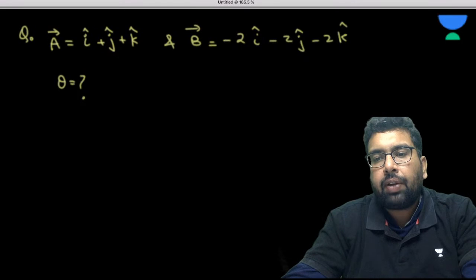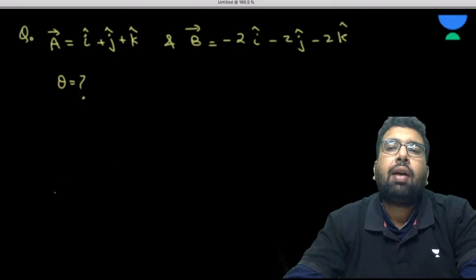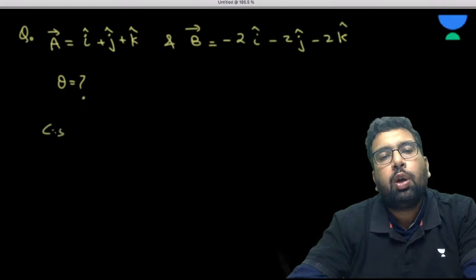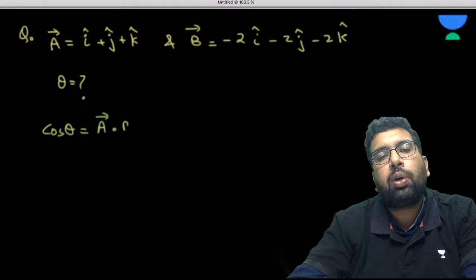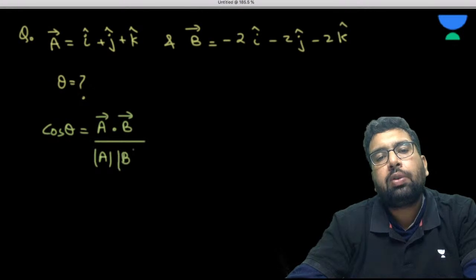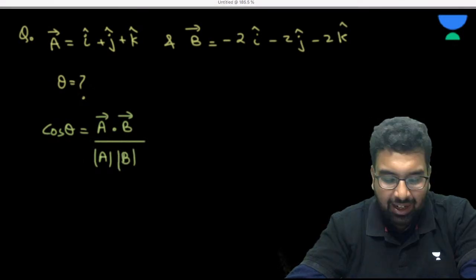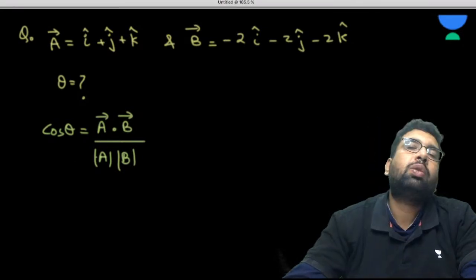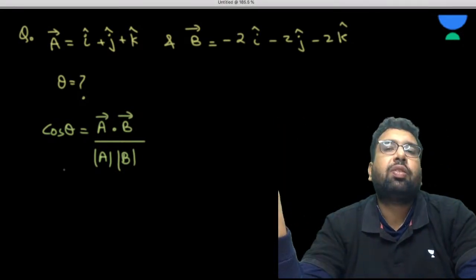See, very simple. Sir, A vector we have, B vector we have. What is going to be theta? We know cos theta is equal to A vector dot product with B vector upon AB. In vector questions, it is interesting to know that one question can be solved in various ways.